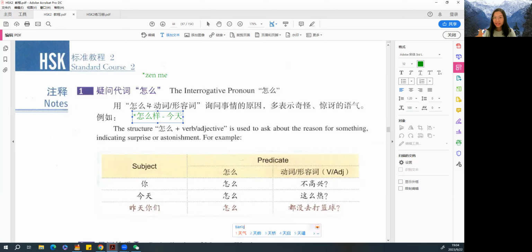And what is 天气? 天气 is the weather. Yes. 怎么样, here, this is how. 怎么样 means how in English. So, how's the weather today?